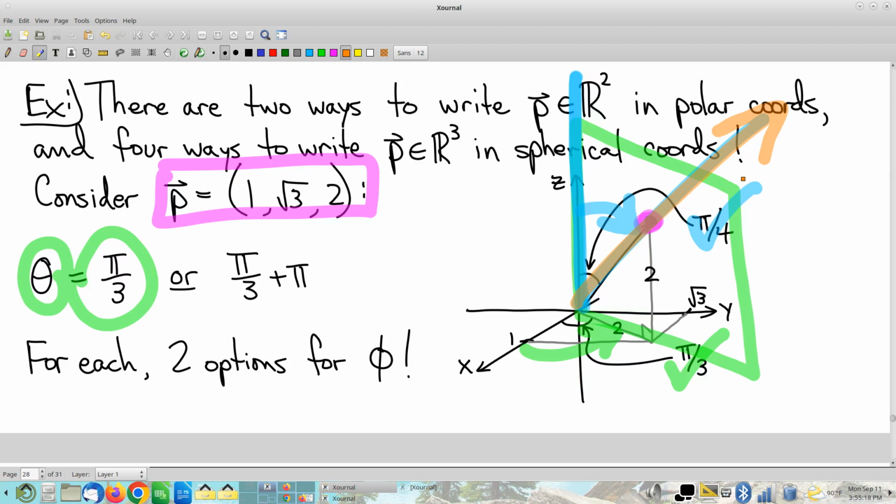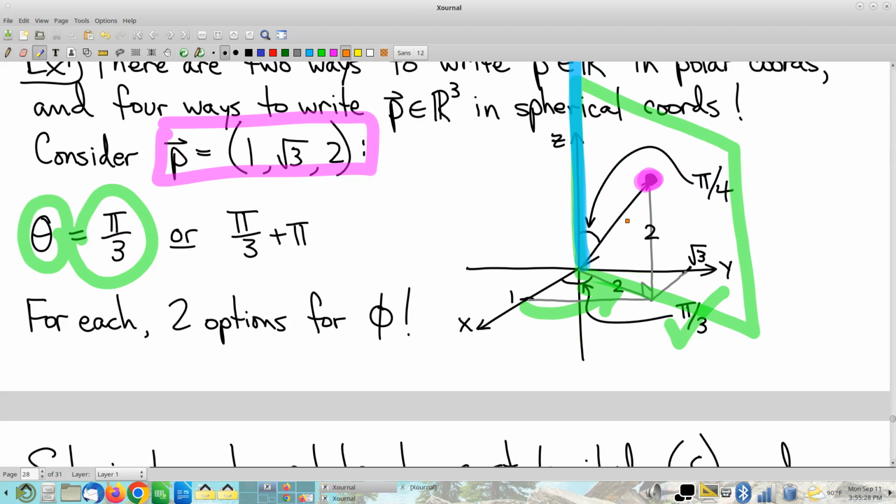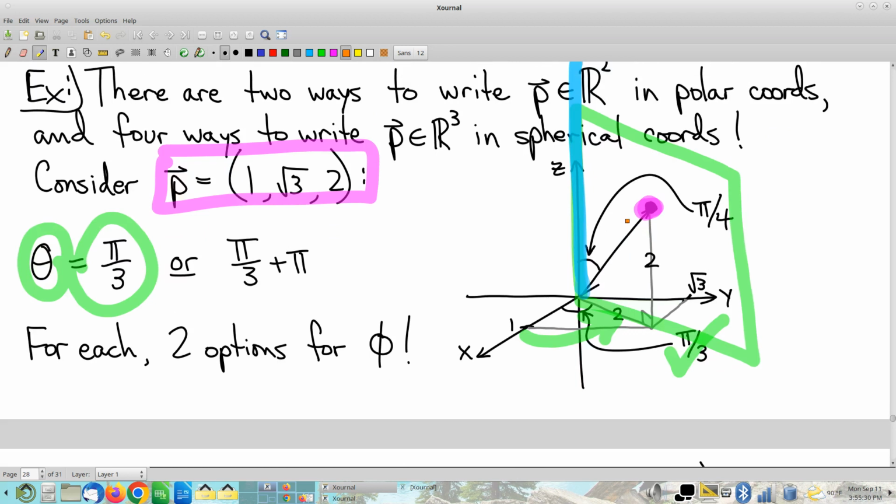Let's talk about the other option, the weird option. The weird option is to observe that I could view this point as being exactly opposite of that direction, just going exactly away from where this point is.